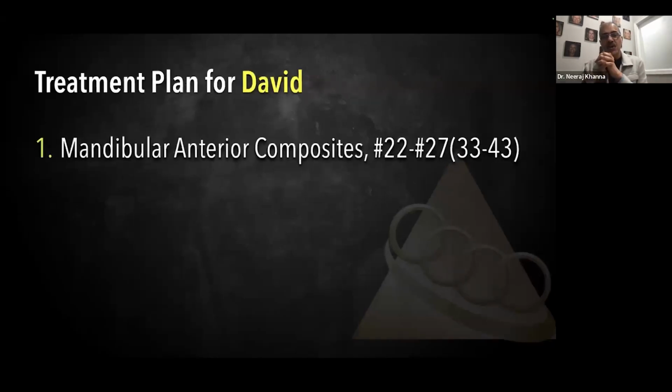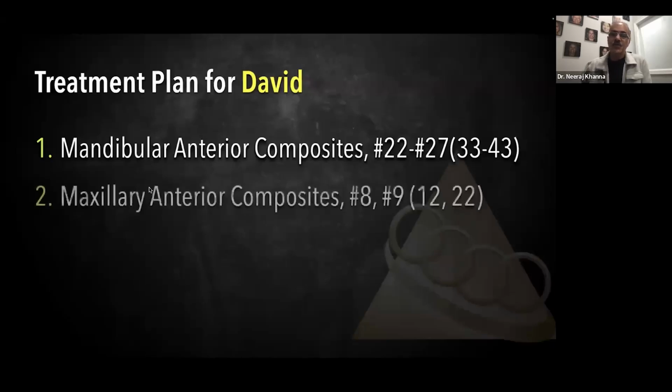So with David, we're going to recommend mandibular anterior composites from canine to canine. We're going to recommend anterior composites on the two centrals only. Again, David is not aesthetically driven, and I need those anterior teeth to couple so that we can get disclusion.